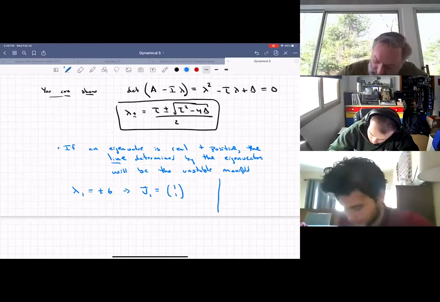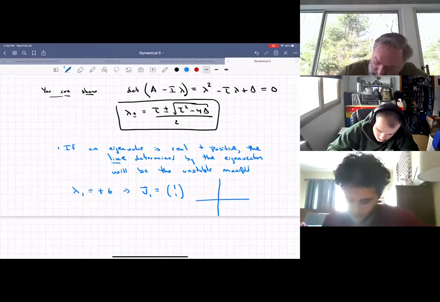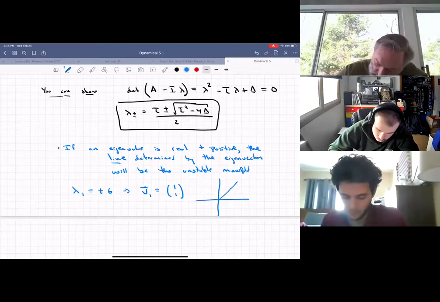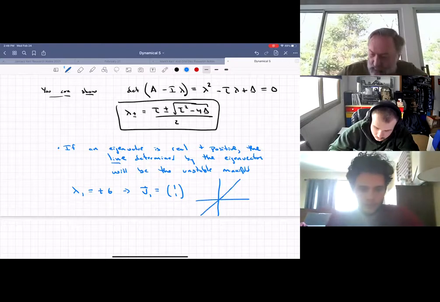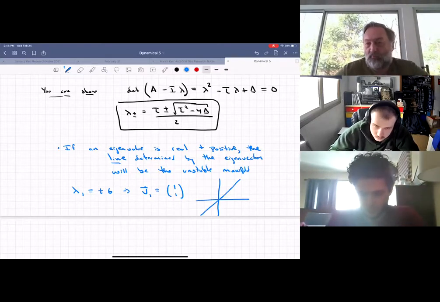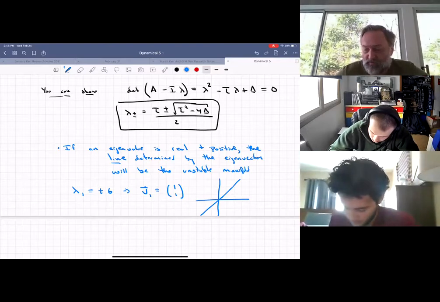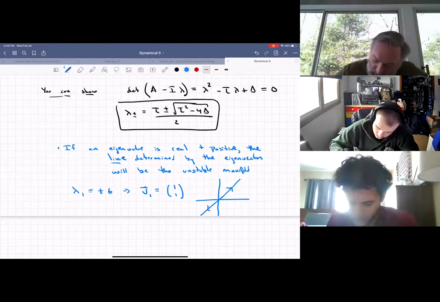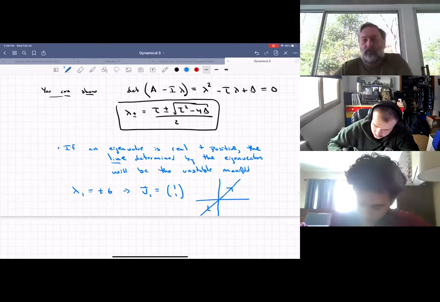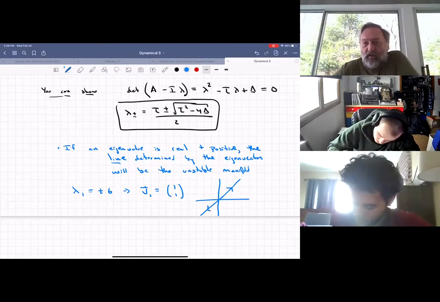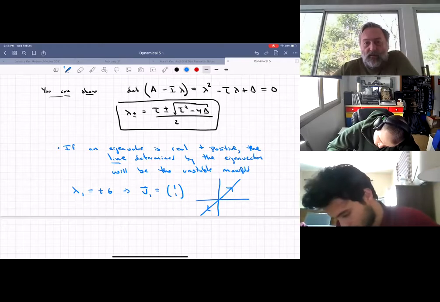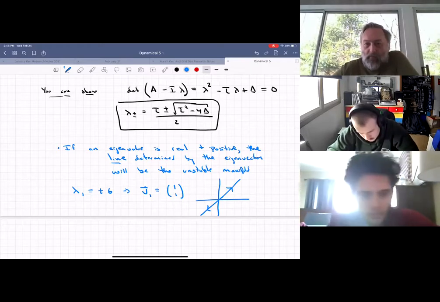Then what that means is that there's a line here with slope of 1, because the x and y runs are the same, and that direction is an unstable manifold.